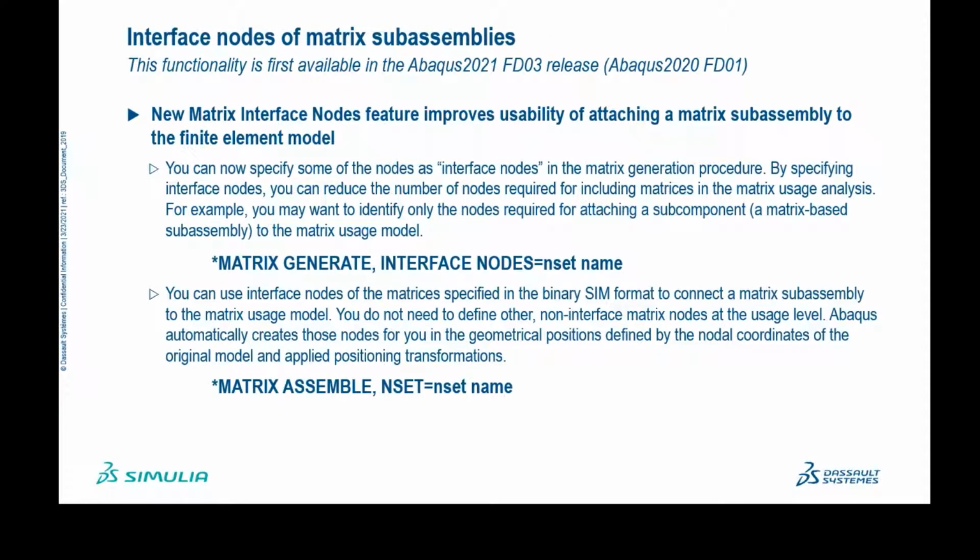The interface node of a matrix subassembly functionality was first available in the Abaqus 2021 FD03 release. Now we are on the Abaqus 2021 hotfix 5, or FD05. So the new matrix interface nodes feature improves the usability of attaching a matrix subassembly to define an element model using a subset of keywords, including matrix generate or matrix assemble.